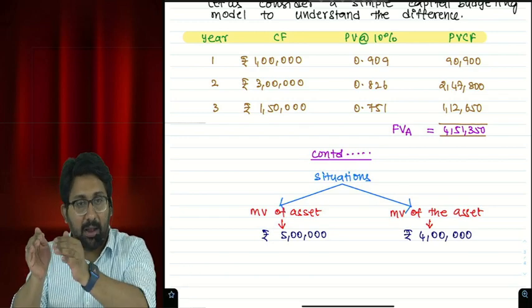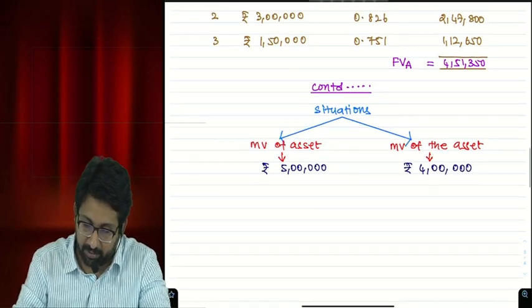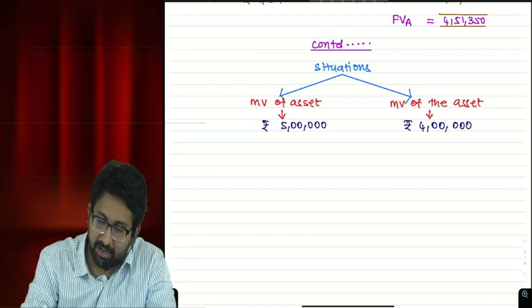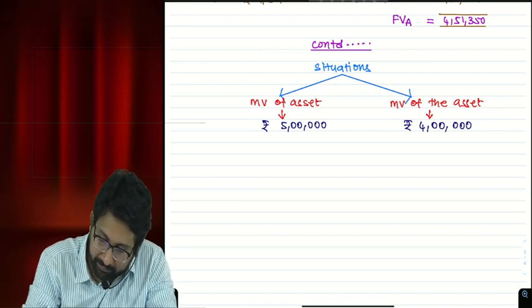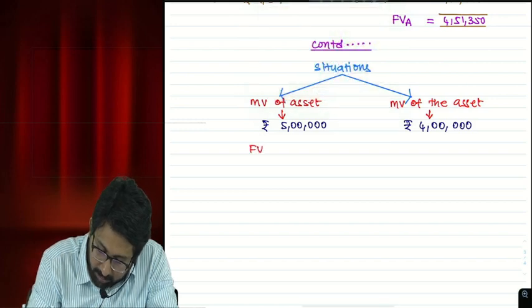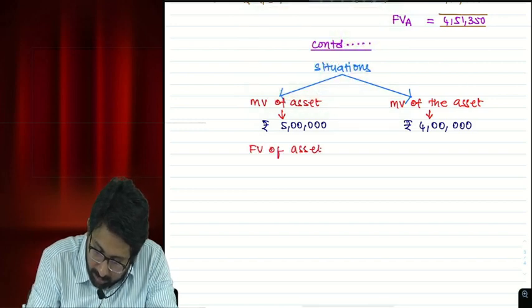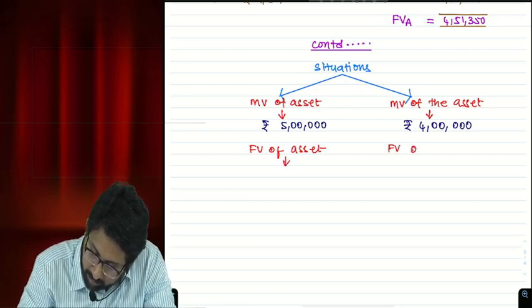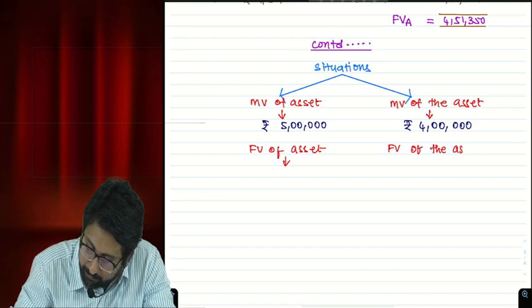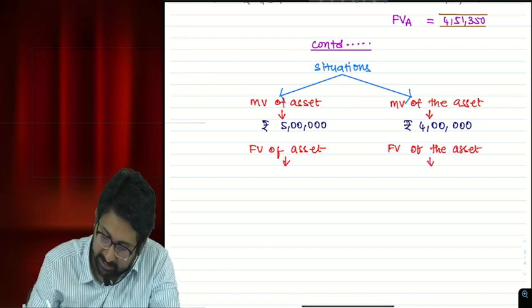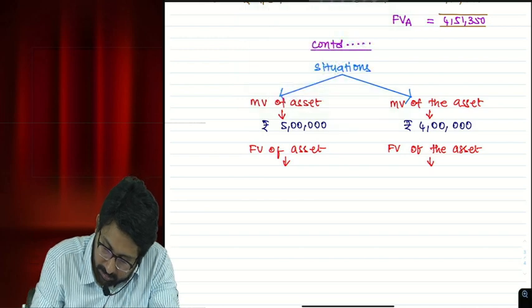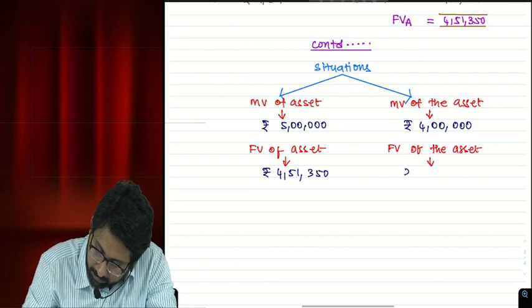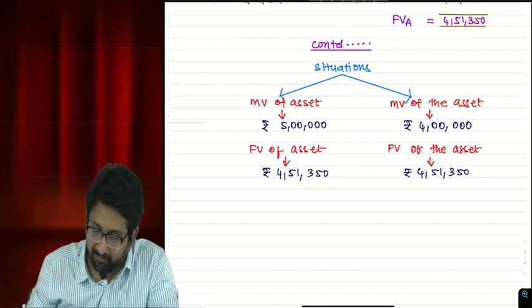So I will now compare the fair value with the market value. See here, the market value of the asset is 5 lakh. The fair value of the asset is 4,51,350.